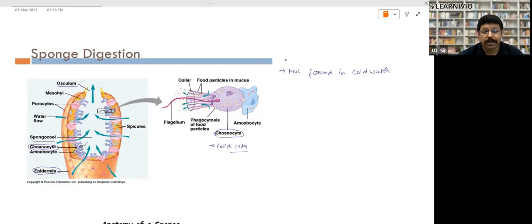They are mostly marine, means mostly found in the sea, and few in fresh water, right? And their symmetry, generally they are asymmetrical. So generally their body shape is not fixed, generally asymmetrical.